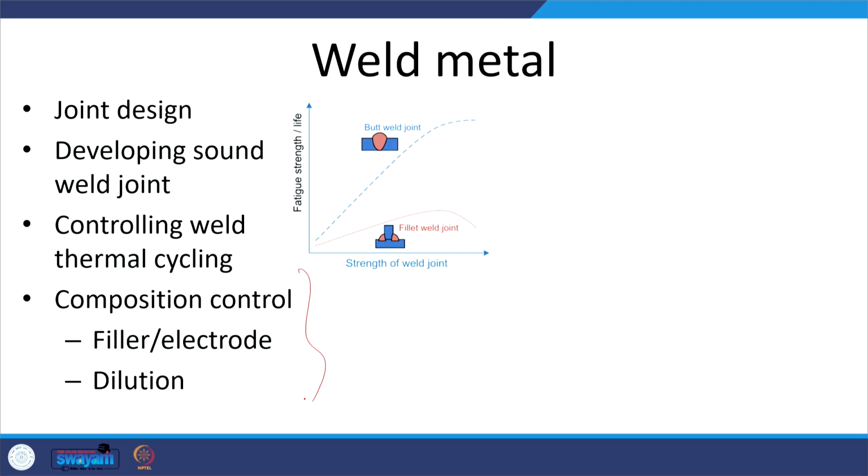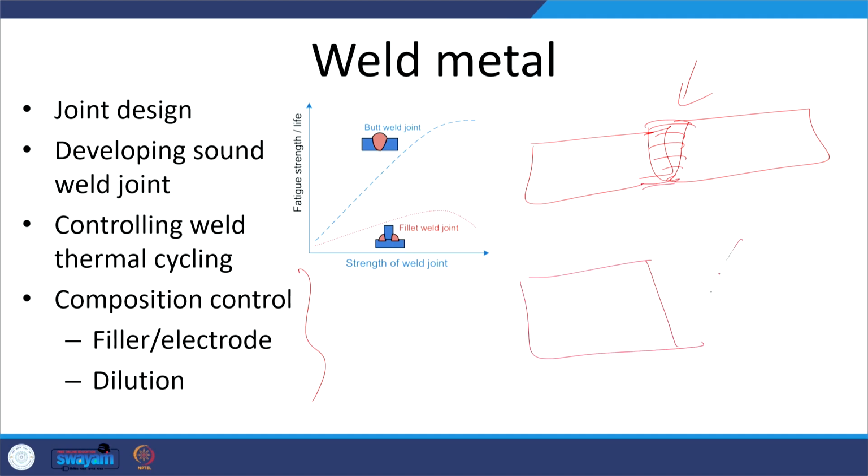This is another aspect about which I have talked. In the case of autogenous welding, not much can be done, because the microstructure and mechanical properties of the weld zone will be governed by the weld thermal cycle imposed. But if this is not the case, if we have prepared the grooves, and we want to realize the desired set of properties in a weld joint, then what we do is choose a filler of suitable composition, so that even after the dilution, the weld metal of the desired composition is realized with the desired microstructure and mechanical properties.